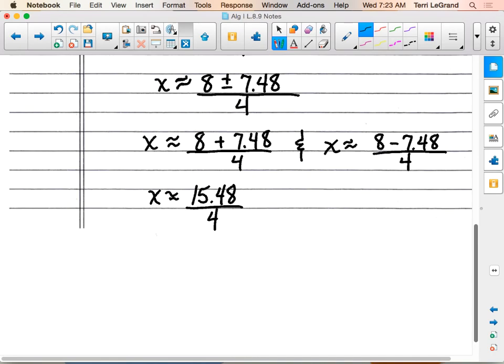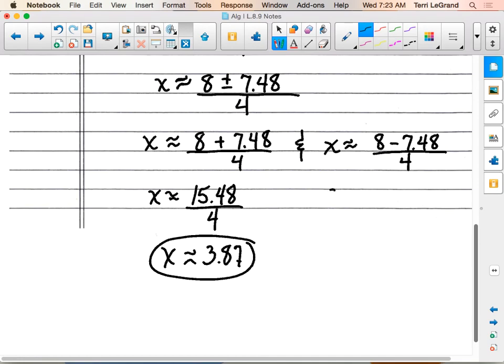And 15.48 divided by 4 should come out to 3 and 87 hundredths. So we have a positive 3.87 as one of our solutions.